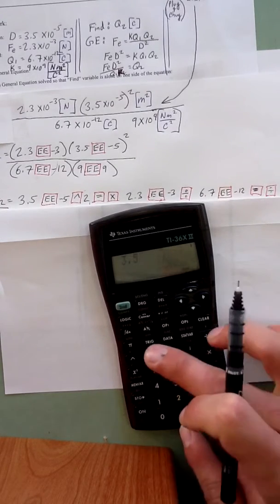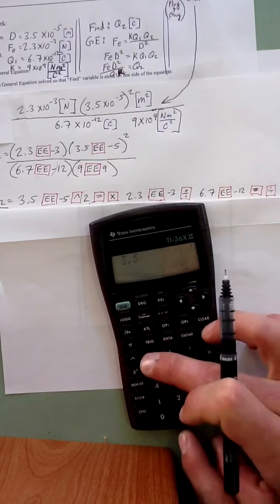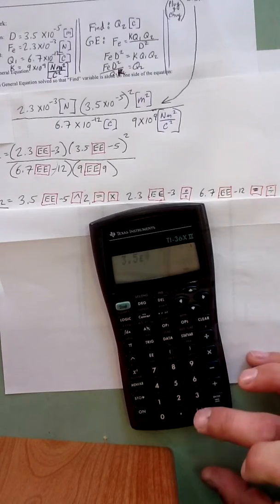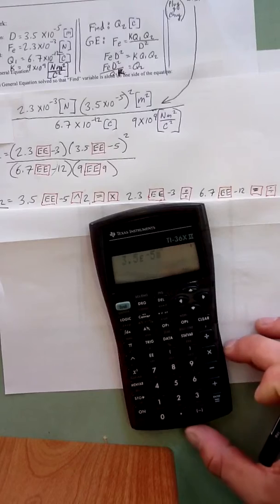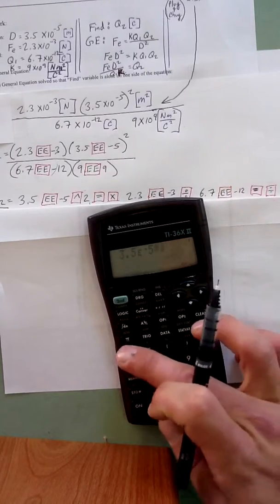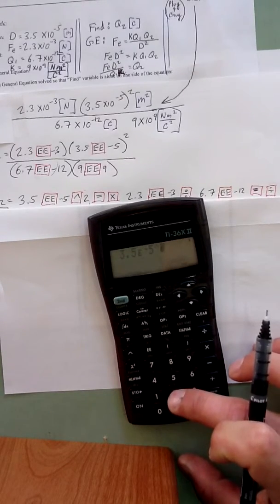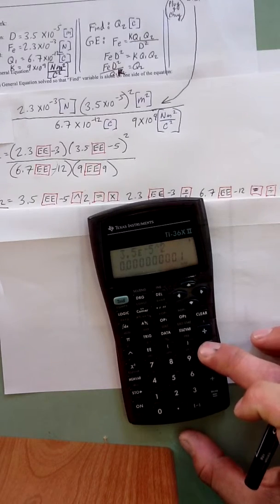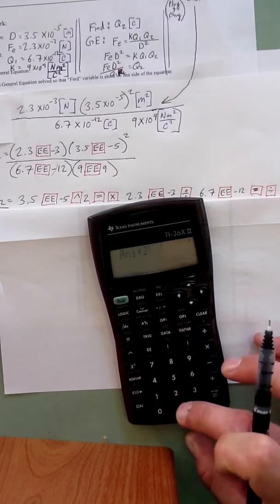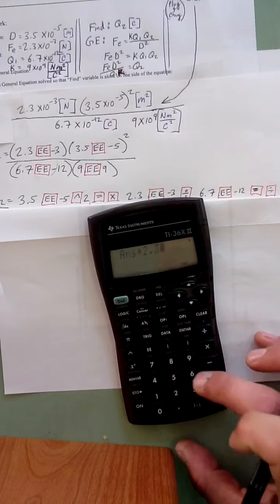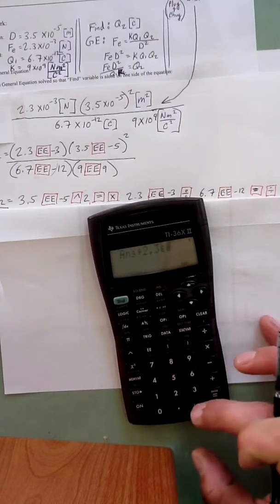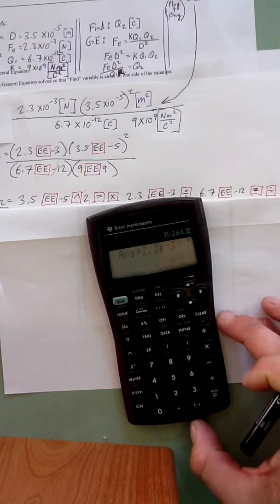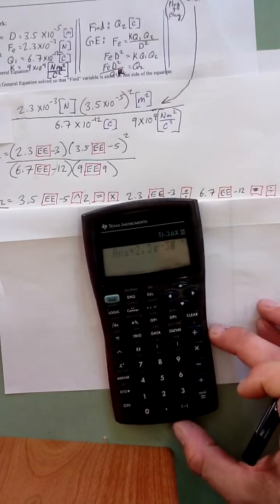3.5 EE negative 5 raised to the 2, equals that really, really small number, times 2.3 E negative 3. Am I doing this right? Okay.